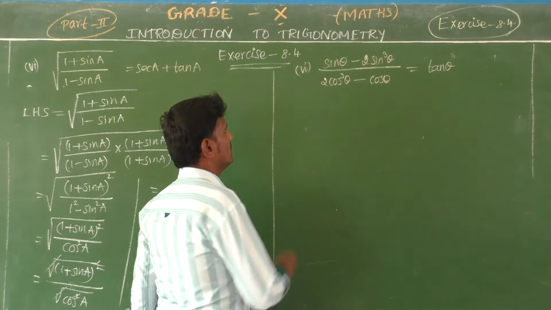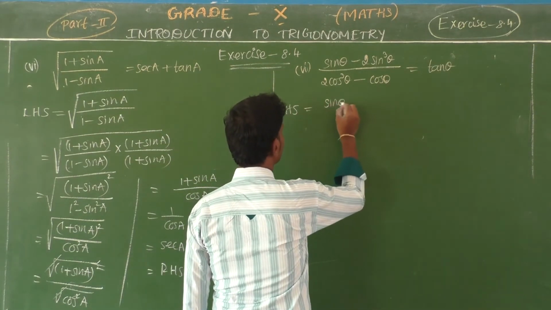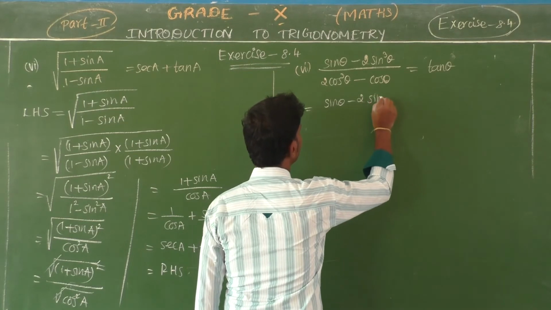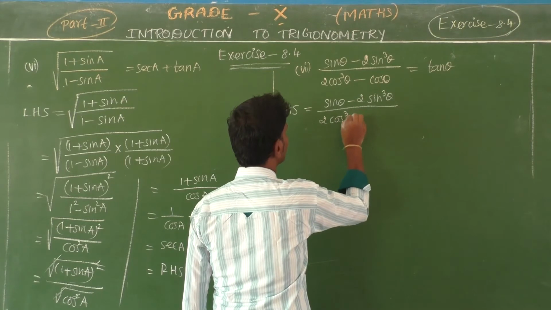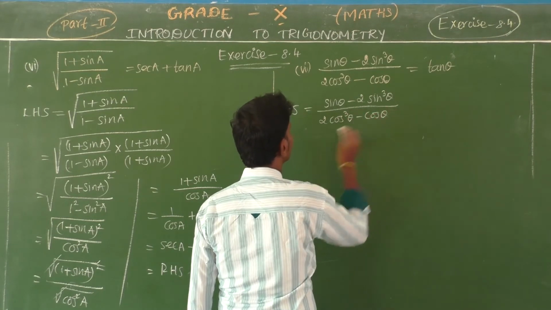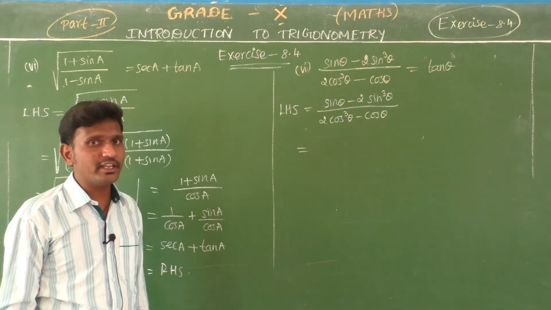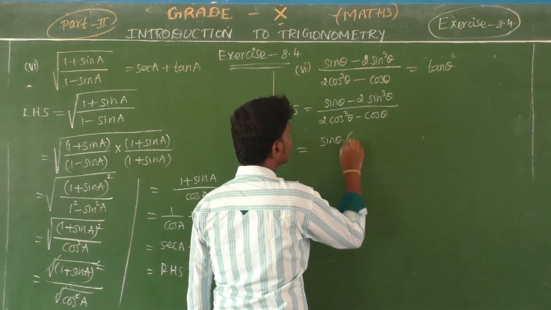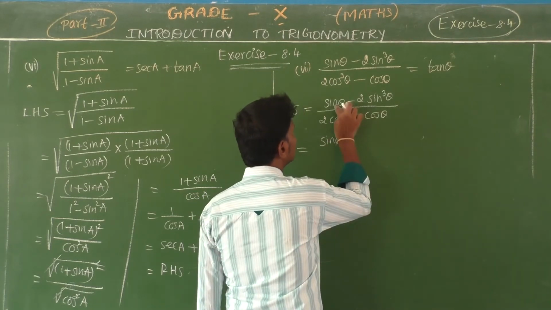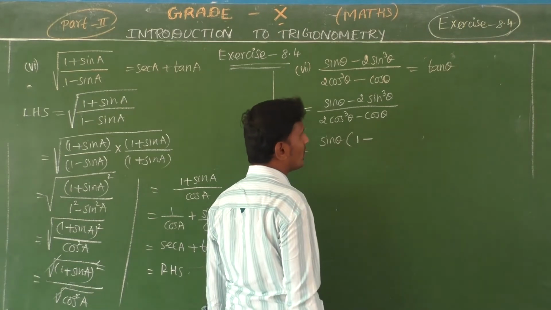Okay. Now take the left side, which is equal to (sin theta minus 2 sin cube theta) whole divided by (2 cos cube theta minus cos theta). In the numerator, do you have any common term? Yes, I have a common term of sin theta. So I am taking sin theta outside, and you have the remaining 1 only.